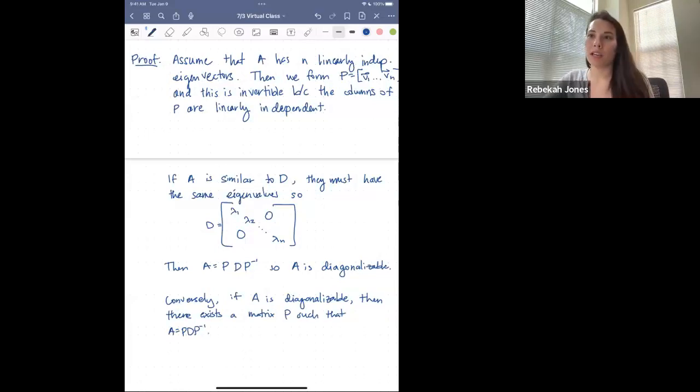And again, D must have that form because similar matrices have the same eigenvalues.